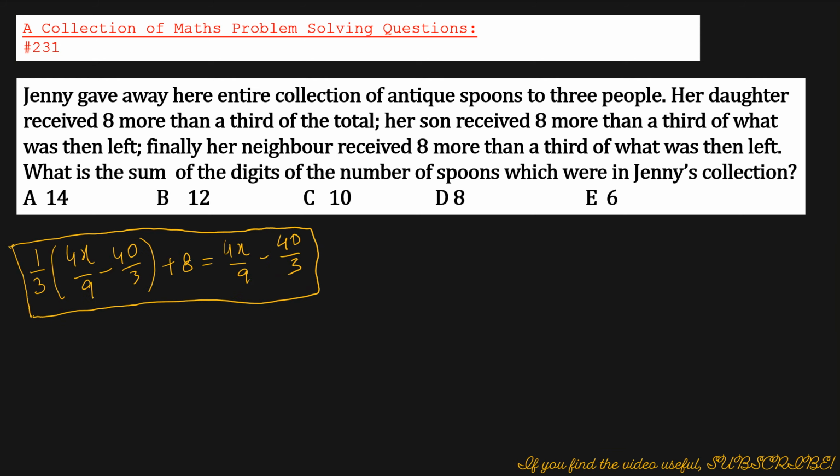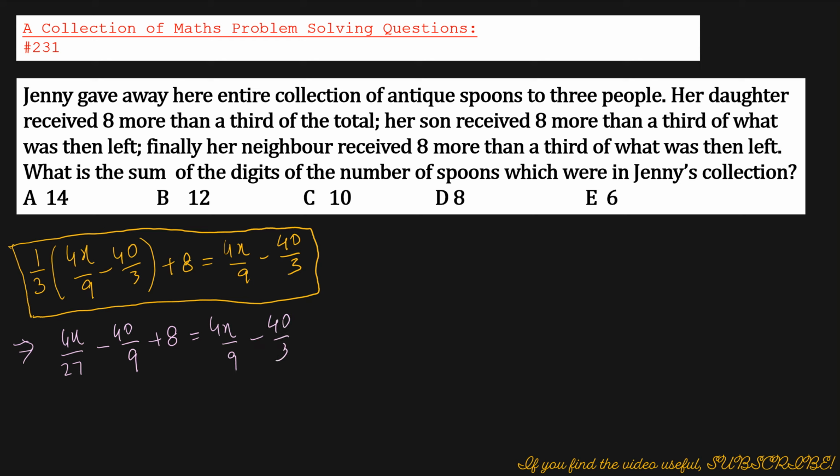So this would be 4X/27 minus 40/9 plus 8 equals 4X/9 minus 40/3.